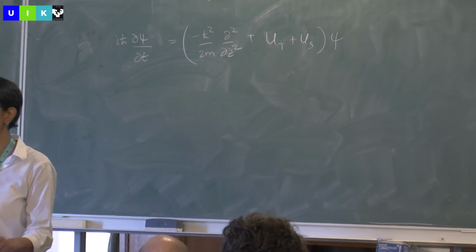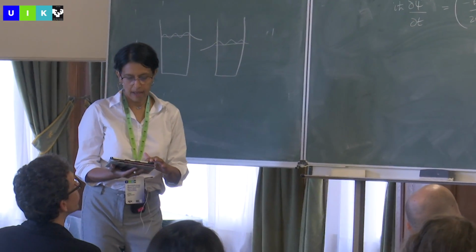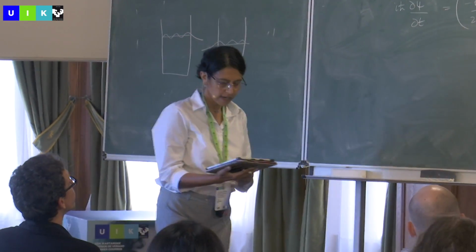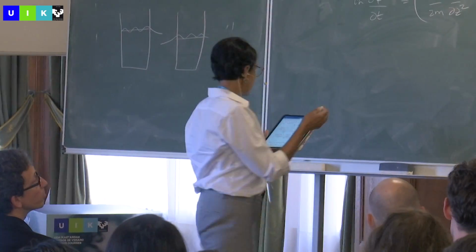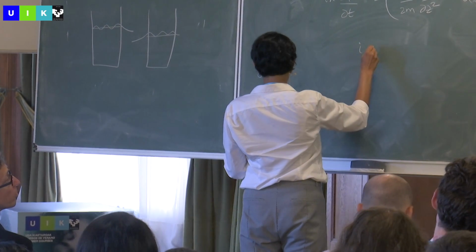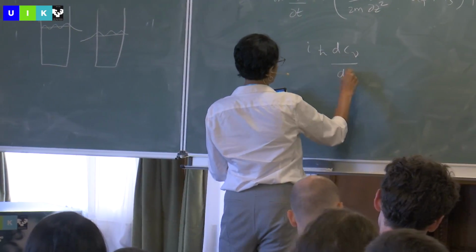Then you project this onto one of the states, psi nu, and look at first order. And to first order, you'll get something like this. So remember, you've projected to psi nu.